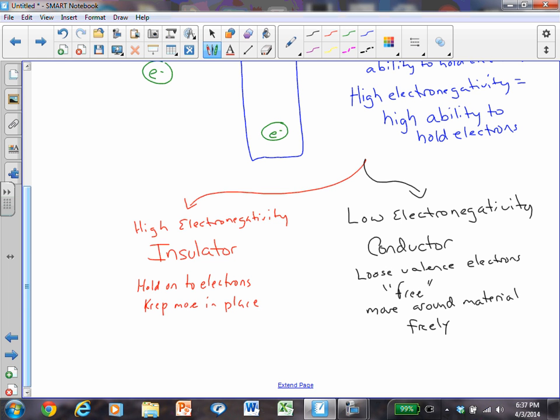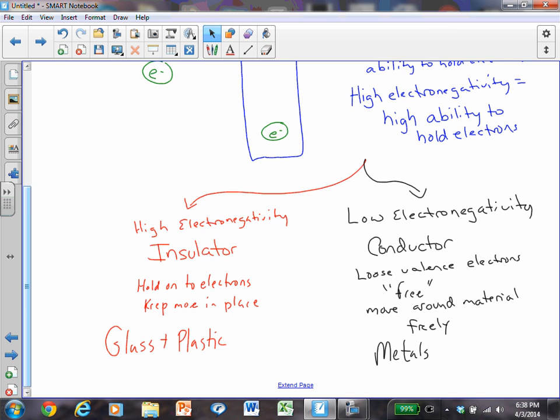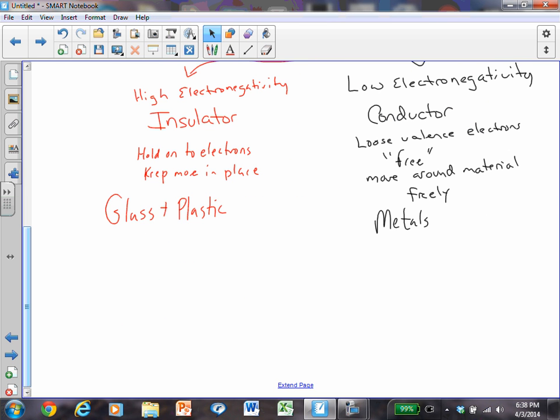So metals are good conductors, and glass and plastic are good insulators. We'll see demonstrations of this in class, so you'll get at it there. Here's a model of conductors and insulators that we're going to use in charging and things like that.